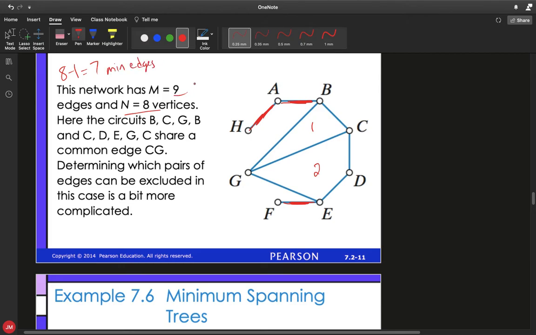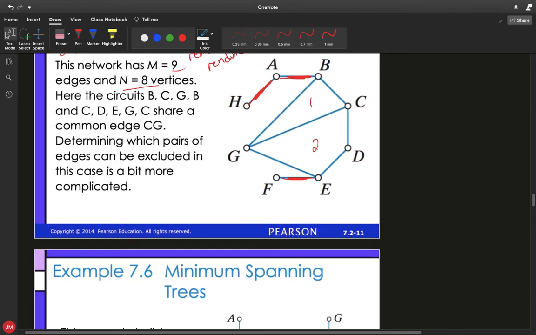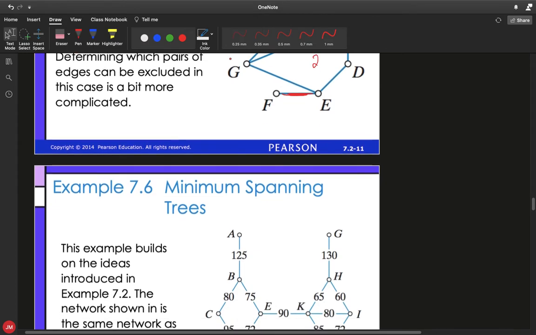And if our number of edges is 9, then we still need to remove 2. So again, our redundancy is how many we need to remove in order to have no redundancy. So we still need to remove 2 of those in order to have it be a spanning tree.